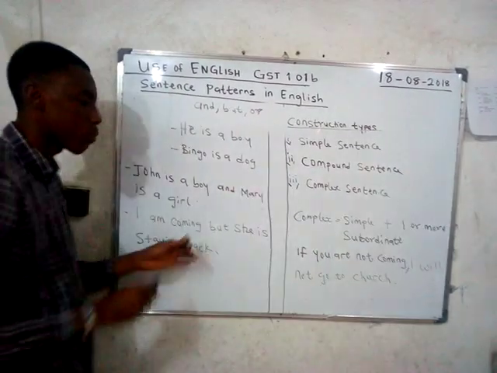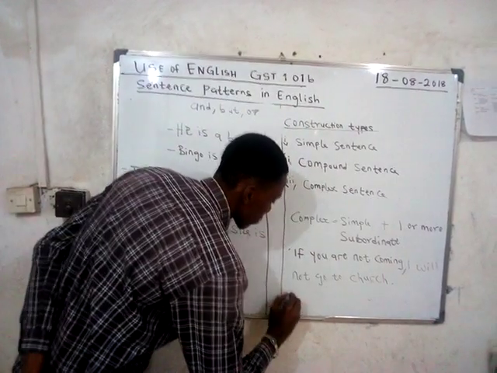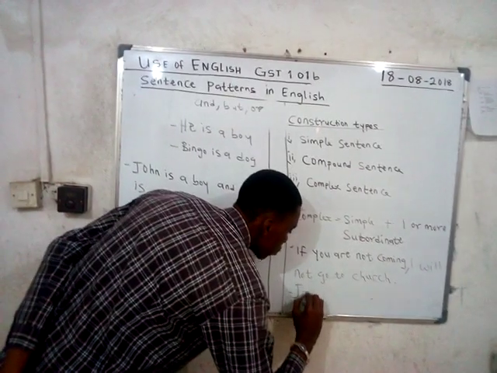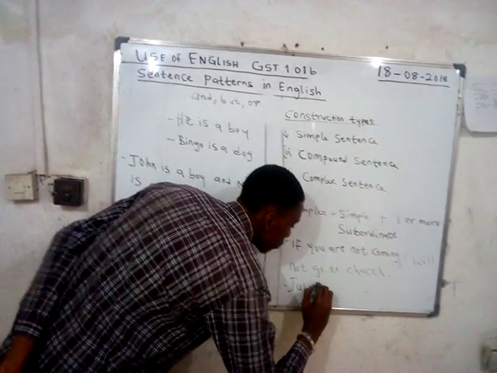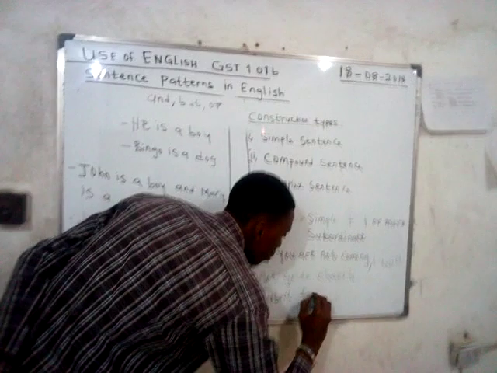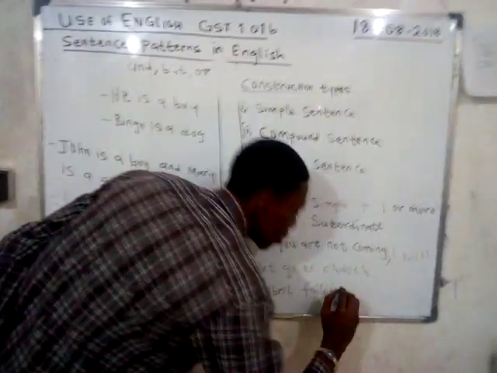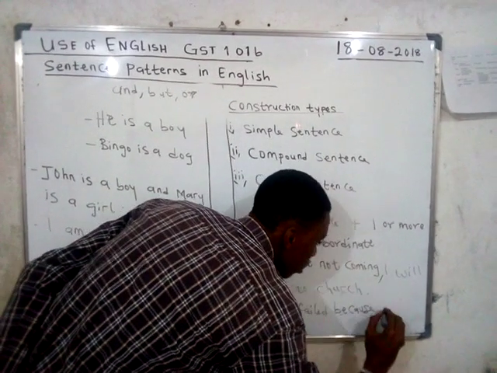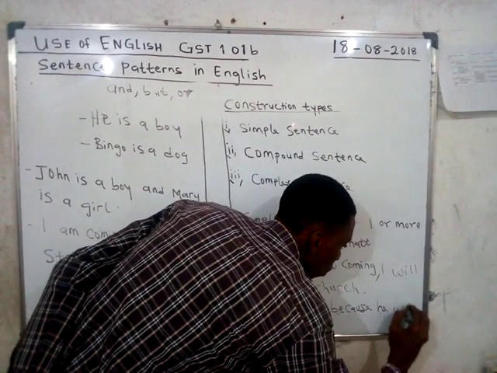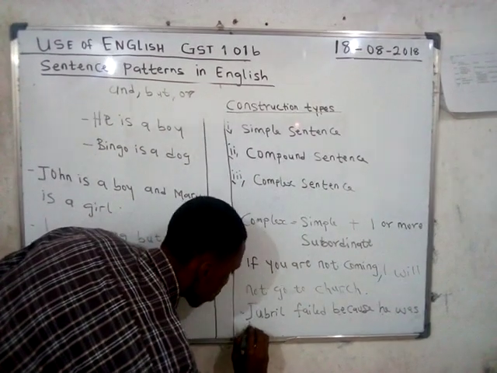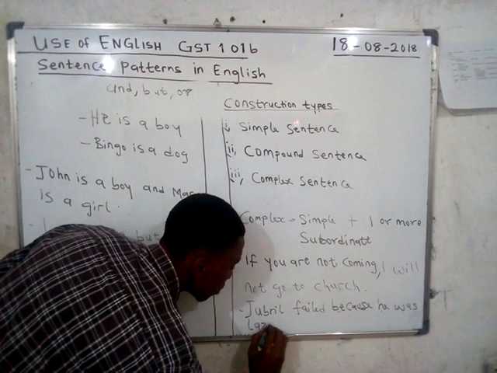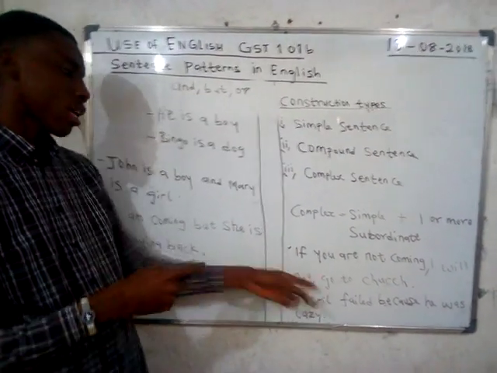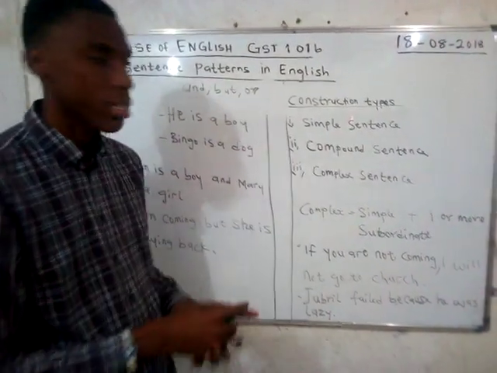Let's take another example. Jubril failed because he was lazy. This is another complex sentence.